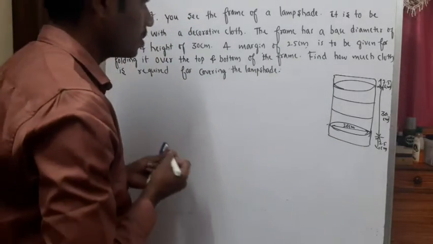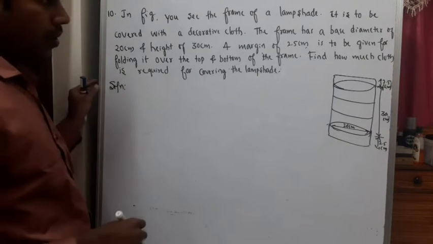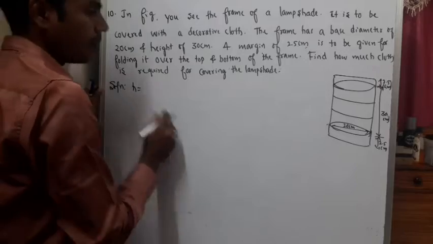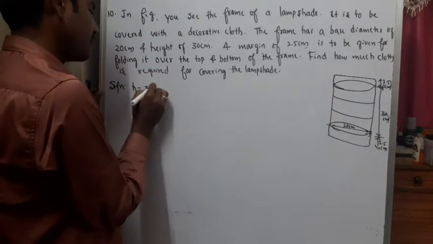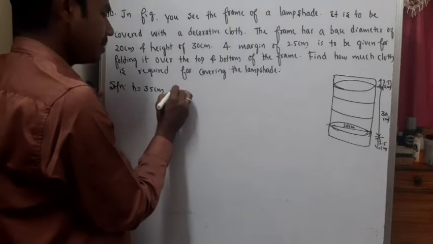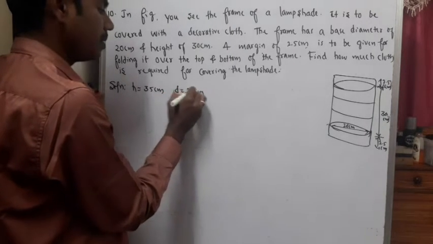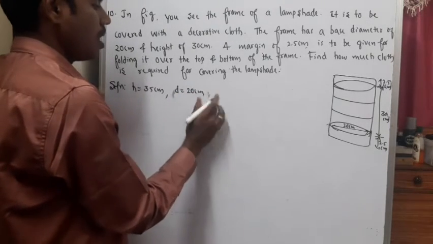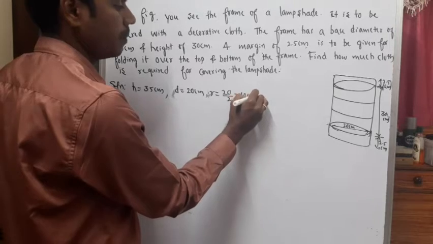Okay, so solution: height h is equal to how much? 30 plus 2.5, that is 35 centimeter, and diameter is equal to 20 centimeter, and r is equal to 20 by 2, which is equal to 10 centimeter.